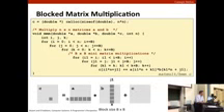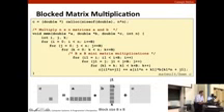This b by b subblock in C is computed by taking an inner product of a set of subblocks in A with a set of subblocks in B. For each one of those, we're doing a little mini matrix multiplication.